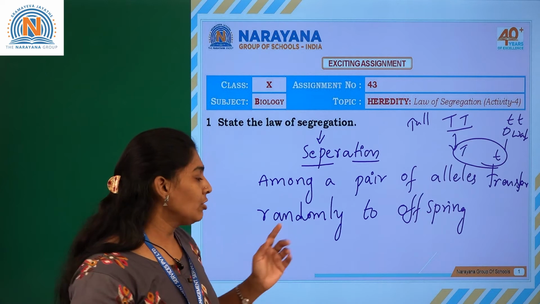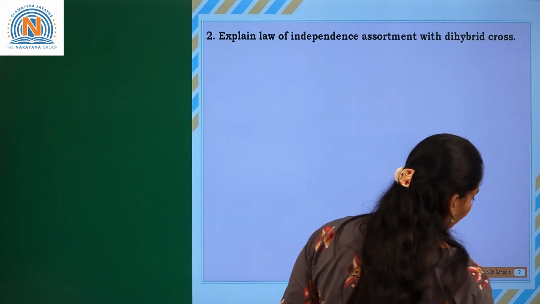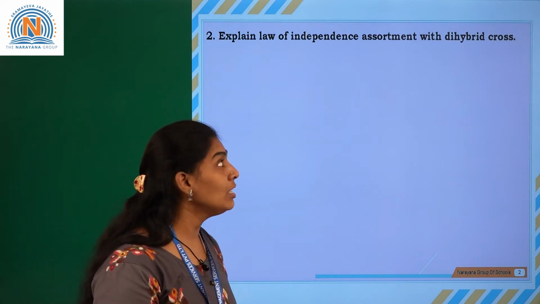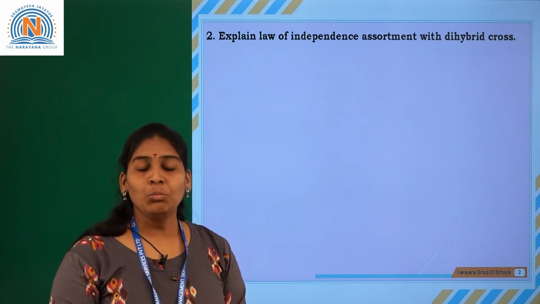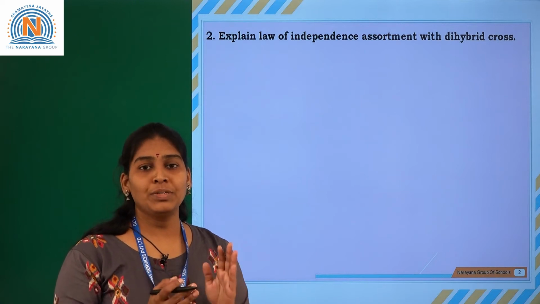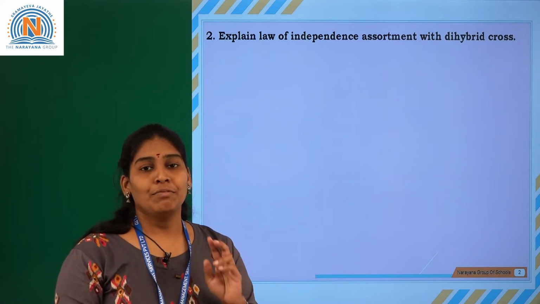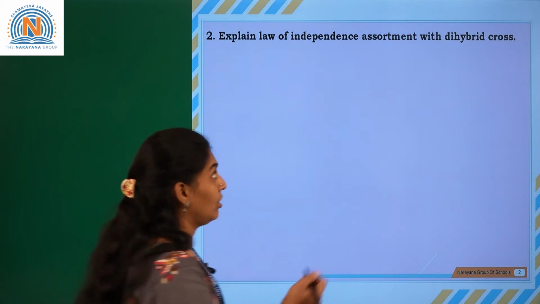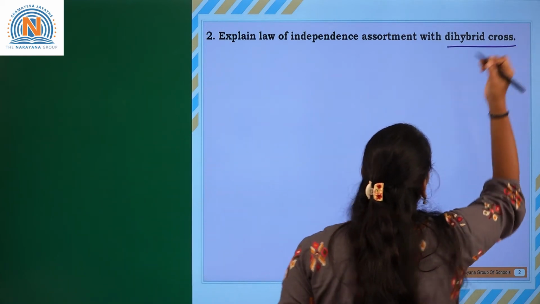Let us go to the next question: explain the law of independent assortment with a dihybrid cross. A monohybrid cross is a cross between plants considering only one character, whereas here they are asking about the dihybrid cross.